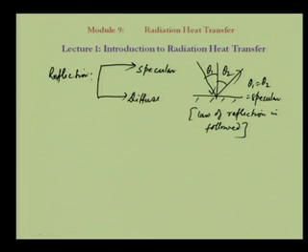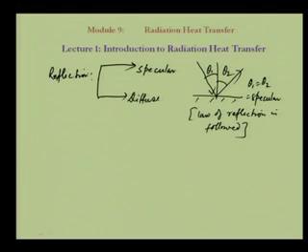So, we can say that specular reflection is a type of reflection which follows the law of reflection, and incident radiation is reflected with an angle equal to the angle of incidence. So, theta 1 is the angle of incidence, theta 2 is the angle of reflection. So, the angle of incidence and angle of reflection are the same.